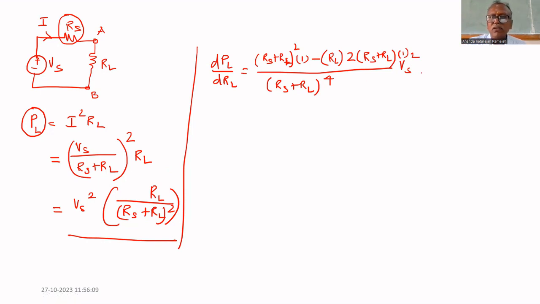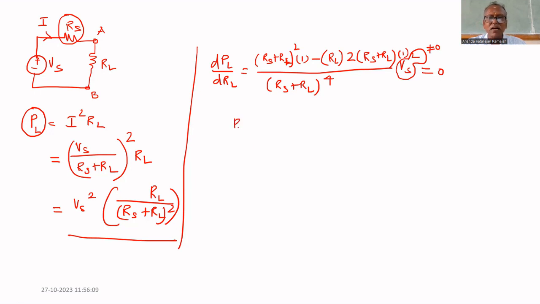So, equate this to 0. We know that Vs square is not equal to 0, because if the source is 0, how will maximum power be delivered? That's why Vs is not equal to 0, and the remaining part is equal to 0.